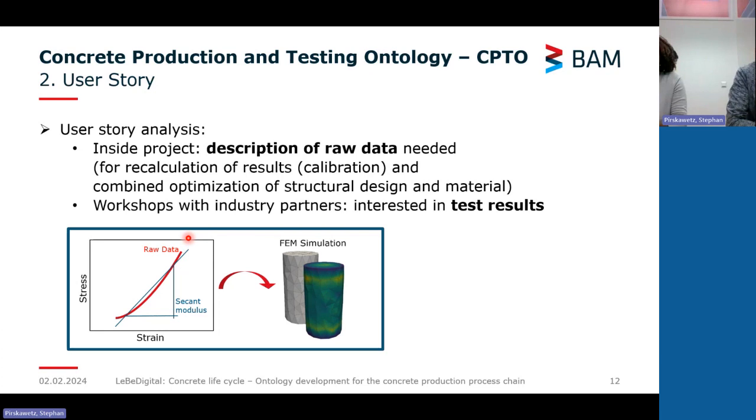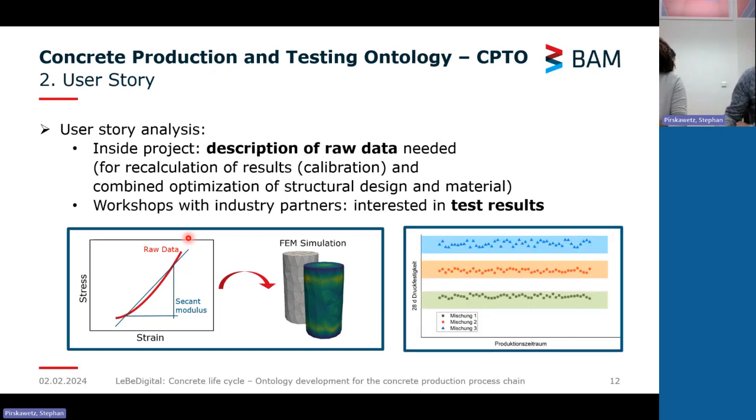These raw data were needed as an input for the simulation models to recalculate the experiments, for instance, the elastic modulus experiment on a concrete specimen, and to calibrate the models this way. And the partners from the industry were mainly interested in the calculated results of the experiments, not in the raw data.